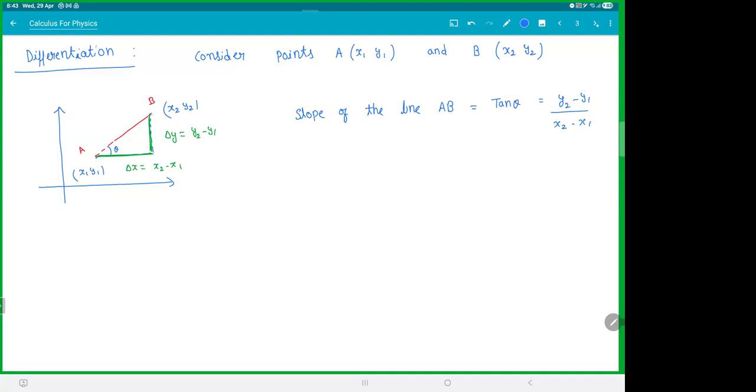So you can simply write this thing is nothing but delta Y by delta X. The slope of the line AB is delta Y by delta X, the change in Y coordinate by change in X coordinate. And what is theta here? Theta is the angle made by the line with the positive X axis.